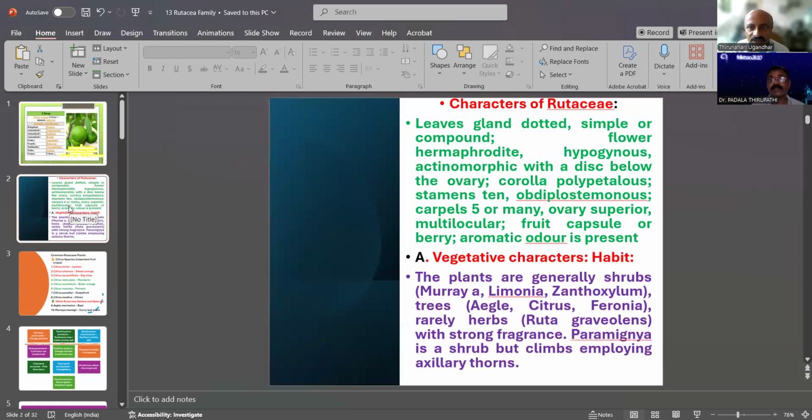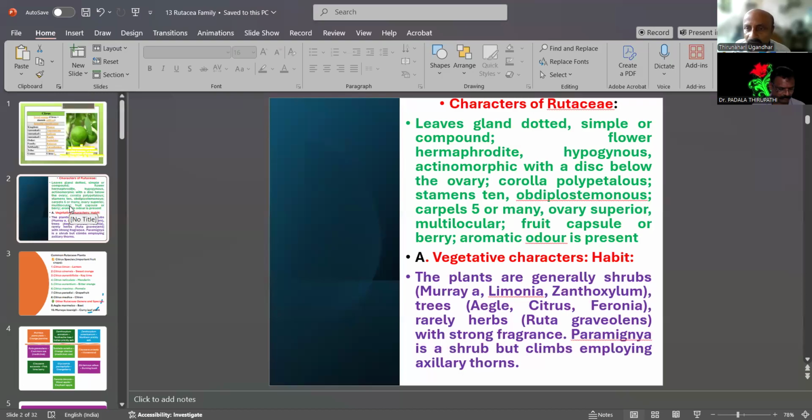The character features of the Rutaceae: glandular leaves, also scented. The leaves are simple or compound. Flowers are hermaphrodite, so they easily attract insects, with entomophilous pollination. They are hypogynous, actinomorphic, with a disc below the ovary. The disc also secretes, and scented glands are present.